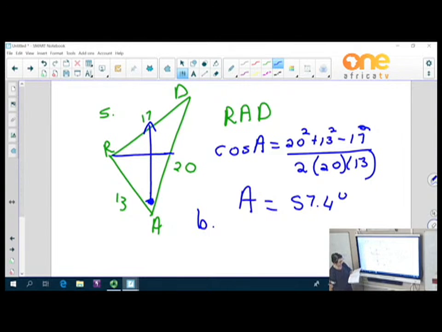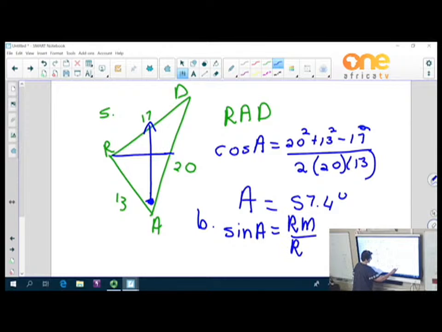So here we're going to use the sine rule now. So this one will then be number B. So I can say that sine A is then equal to RM over RA.